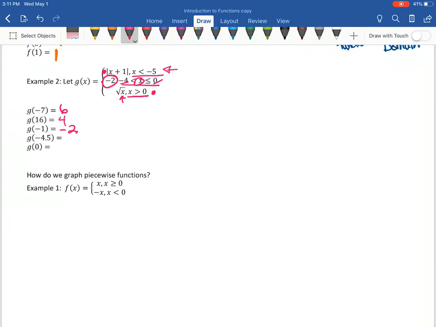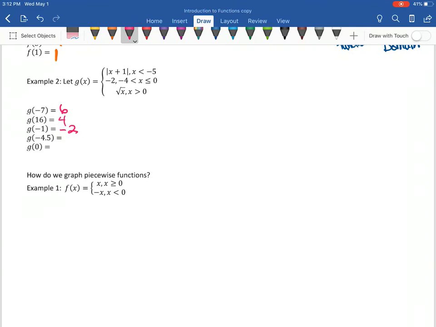G of -4.5. This one's a little tricky. If I look, -4.5 does not fall on any of these intervals. -4.5 is not less than -5. -4.5 is not between -4 and 0. And -4.5 is not greater than 0.